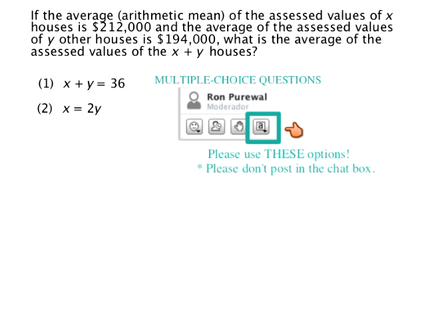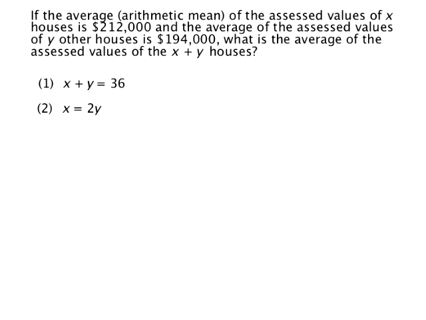Okay, there's still about 14 non-responders, but we need to wrap up pretty soon, so let's go ahead and discuss. There are two people whose answer is C, which, folks, remember the theme of today is problems where C is a trap.